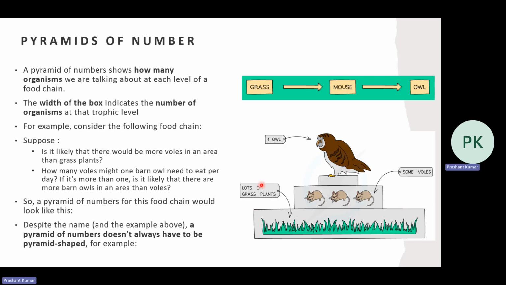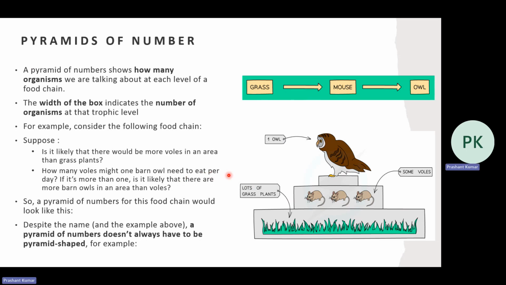For example, consider this food chain. It is likely that there will be more mice in an area than grass plants, right? So many mice might be needed for one owl to eat per day.